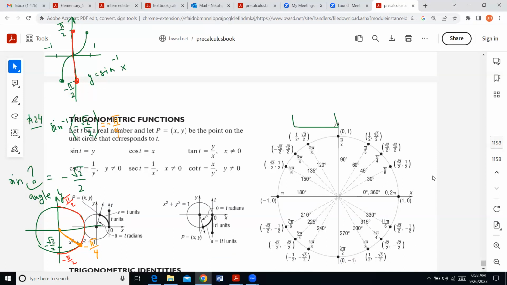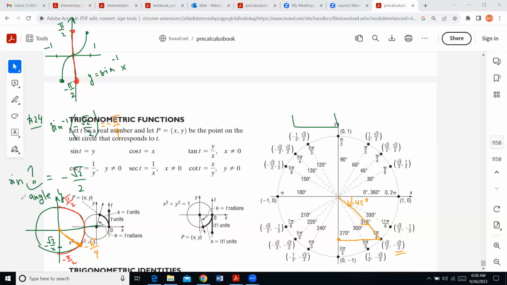This page, this circle clearly shows the fact that for y equal to negative square root 2 over 2, so I just care about this angle, then we're going to use 315, in other words, 45 degrees with negative sign according to the definition of the arcsine function, which corresponds to negative pi over 4.